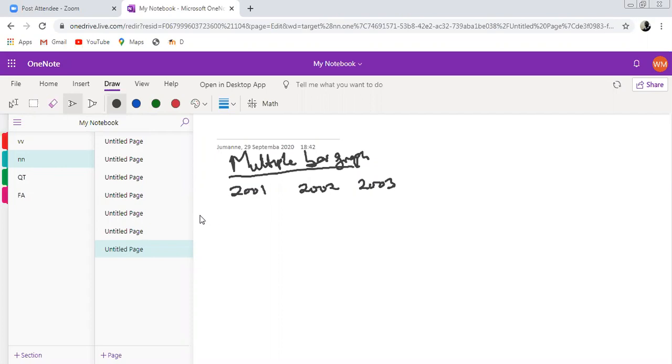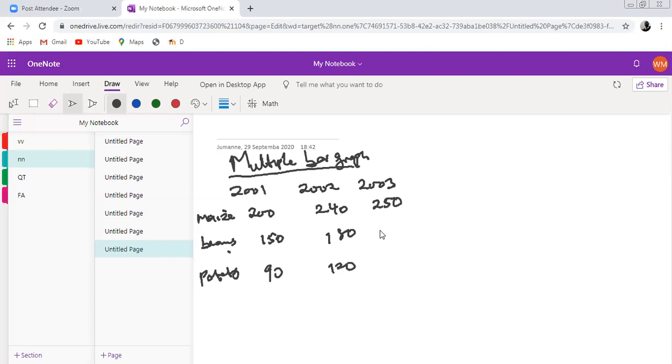The production: we have the maize, the beans, and our potatoes. In 2001, maybe it was 200, 150, and maybe 90 here. Then here it was maybe 240, 180, and maybe 120. Here they had 250, and maybe here we can talk about 200, and here 80. Now you are told to prepare the multiple bar graph.